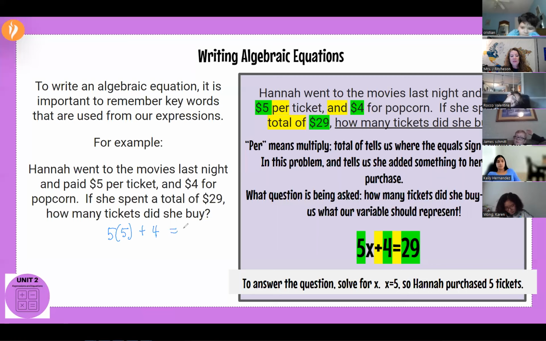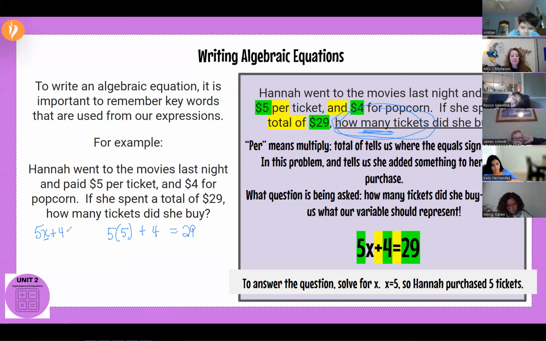Well, just for the sake of this assignment, I do want the unknown. I do want the answer to the question that's being asked, I do want a variable to represent that. So if your final line is that, that's fine, but I do want to see that our unknown value represents the number of tickets, okay?